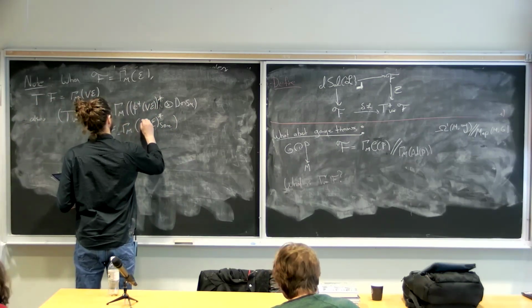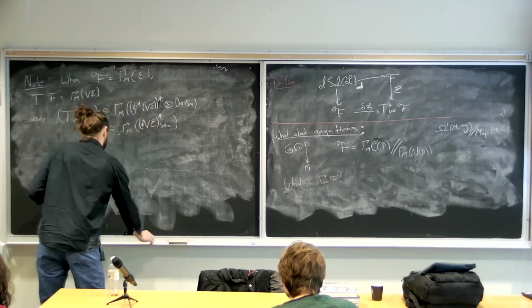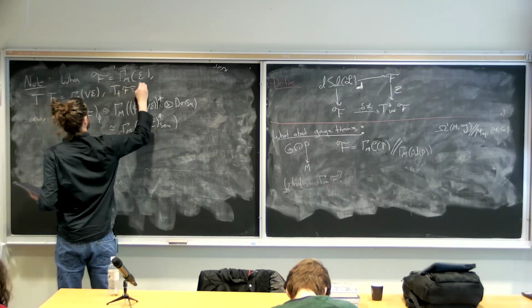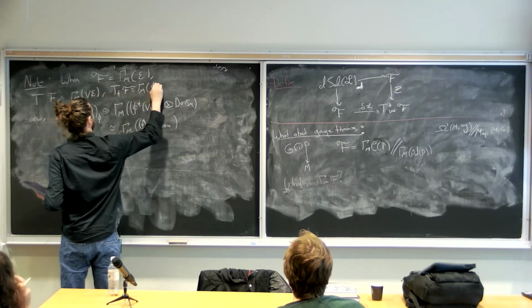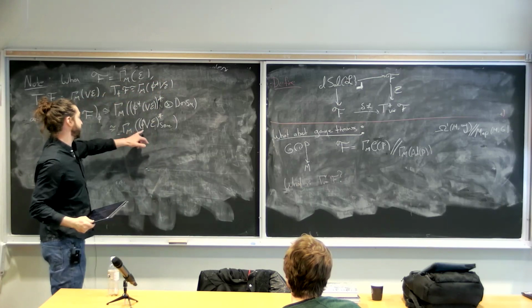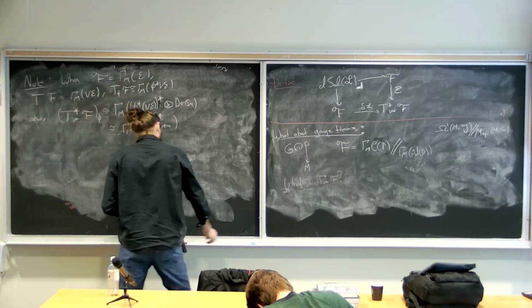So T E of F is sections over M of E upper star VE, right? So here I have sections of something, here I have sections of its Serre dual. So that's what the T star var does, yeah?